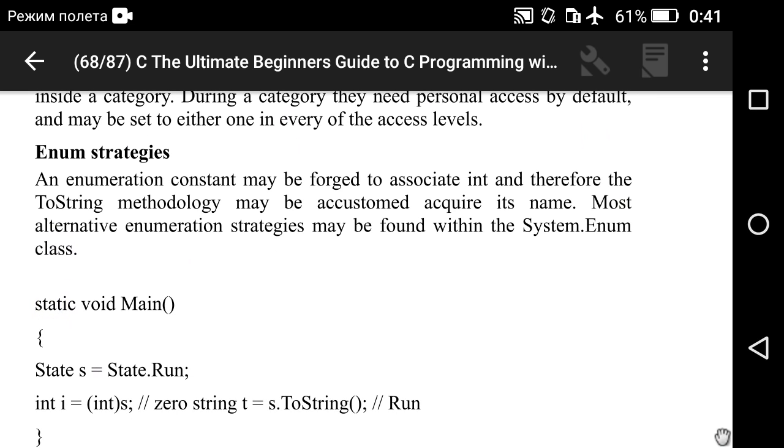Enum methods. An enumeration constant may be cast to an int and the string method may be used to acquire its name.